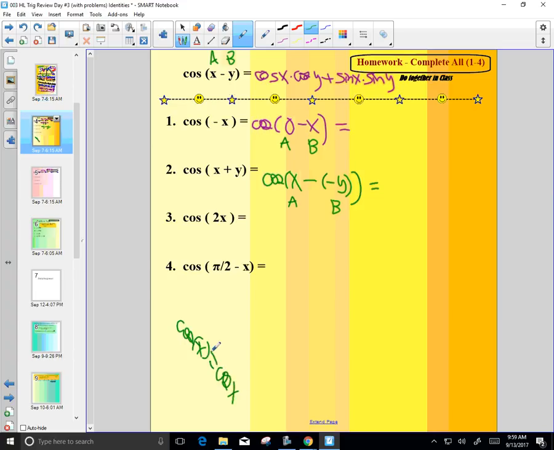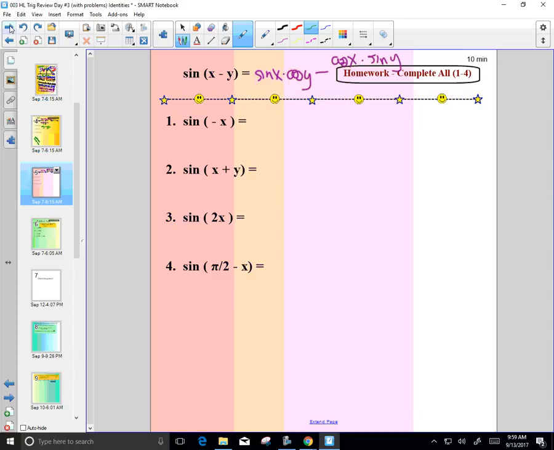And you're going to prove that right away here. And then you'll also need to know sine of negative x is the opposite of sine x. You're not going to know that yet, but you're going to need it for this. And then everything should be good. Should be great. So you're going to do those 4 and these 4.